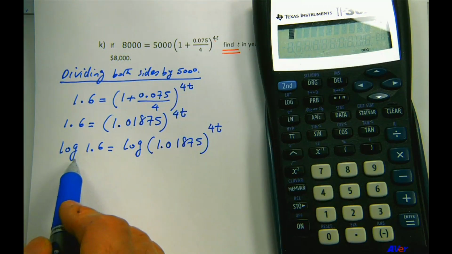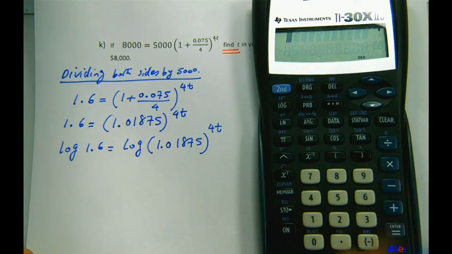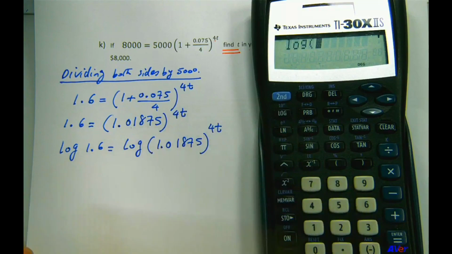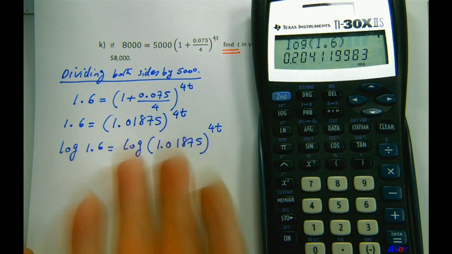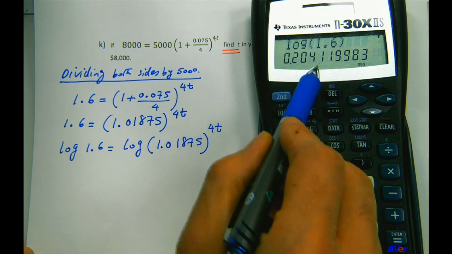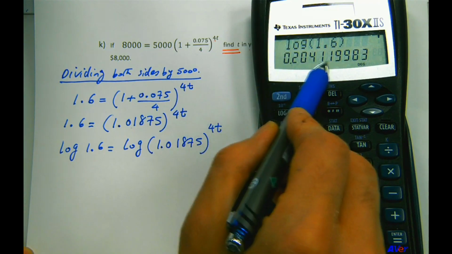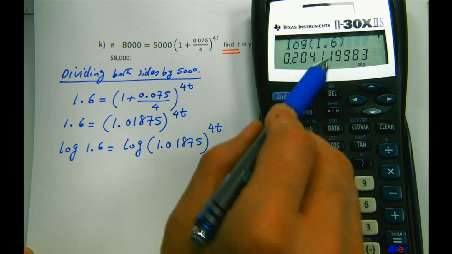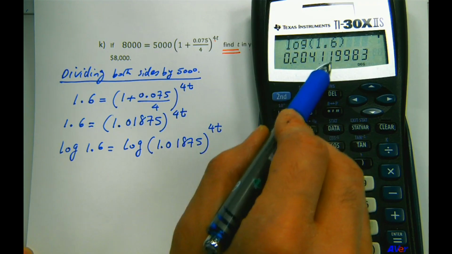So the left side is really easy. We can just take the log of 1.6. Let's do that. Log of 1.6, what do we get? We get that number. We're dealing with an exponential function, so I will keep at least 4 digits. In this case, even 5 significant or decimal places, and I'm going to round that last one to 2 before stopping.